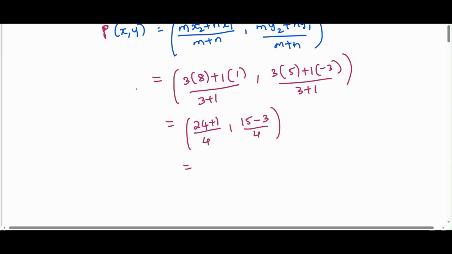So it will be 25 by 4 comma 12 by 4. Here 25 by 4 stays, and for 12 by 4, 4 threes are 12, so the answer is 3. The required coordinate is 25 by 4 comma 3.